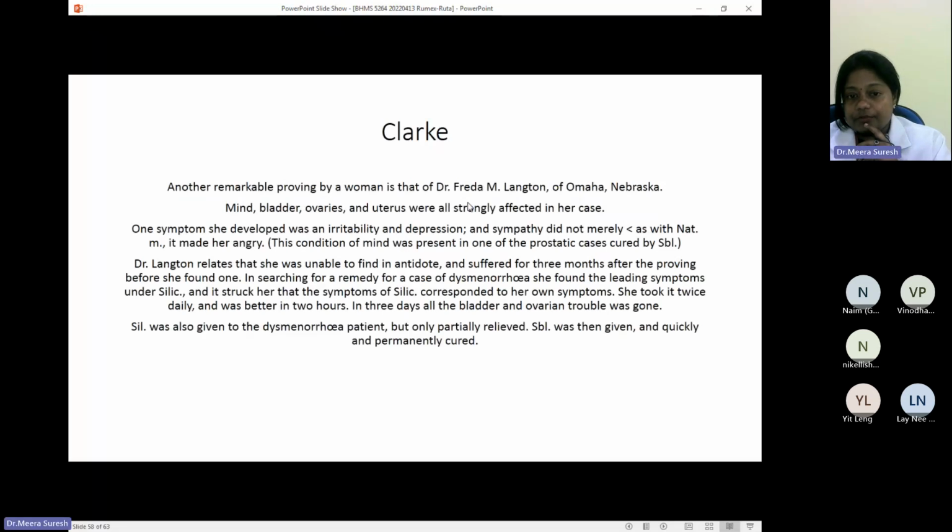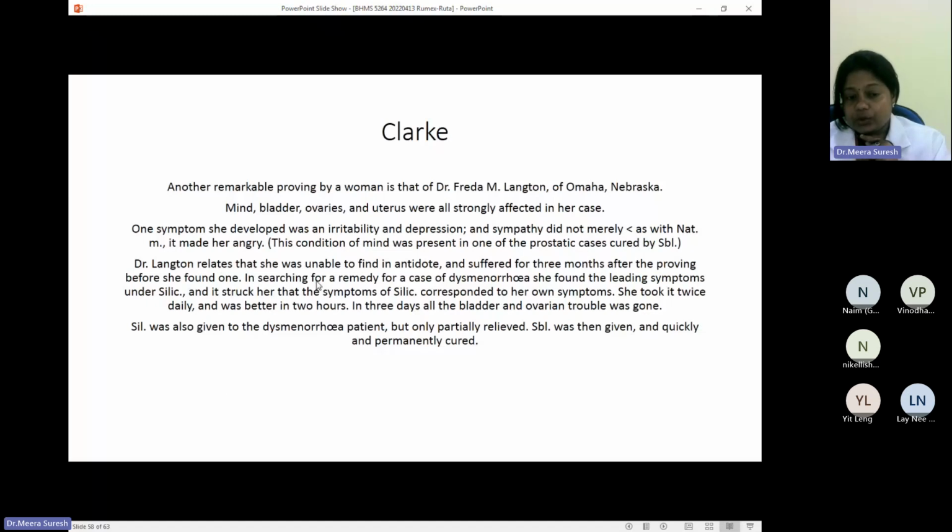Another proving is of Freda M. Langton. In her, the mind, bladder, ovaries, and uterus, all the structures where Sabal serrulata acts, were strongly affected. One symptom she developed was irritability and depression, and sympathy, which did not merely aggravate as with Natrum mur, but made her angry.